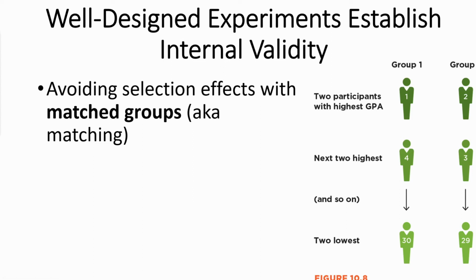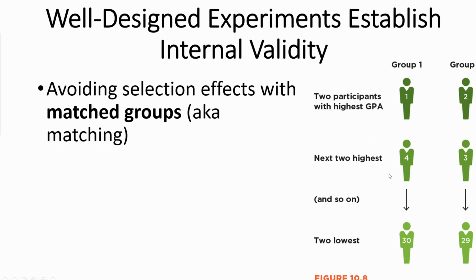Then you would randomly assign those people with the very high GPAs to be in either group 1 or group 2. By doing that, you ensure that there's an equal split of high GPA students in each of the groups.